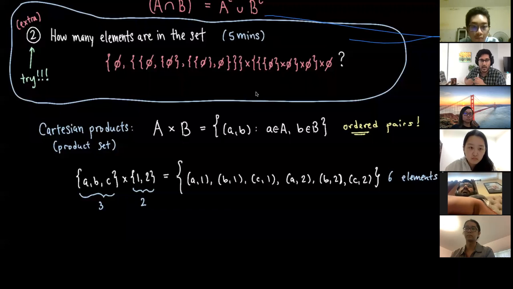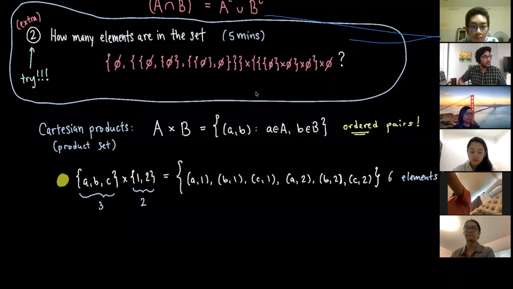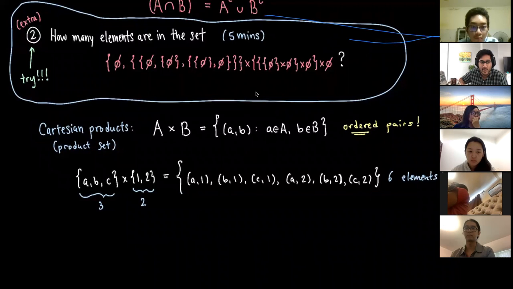So in 1 minute, I'll take up this problem. You don't have to list all the elements of it the way that I did in this example. You don't have to list all the elements to solve this problem. Tricky problem.